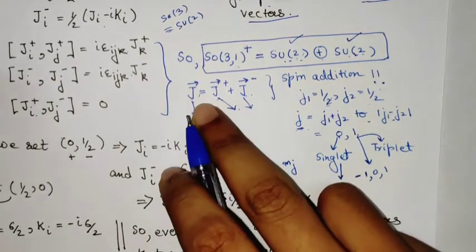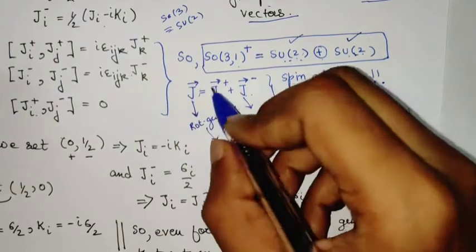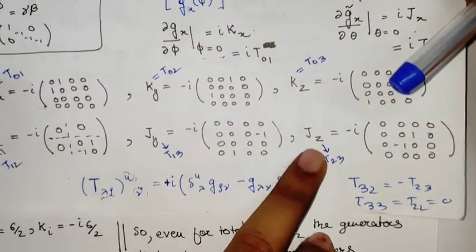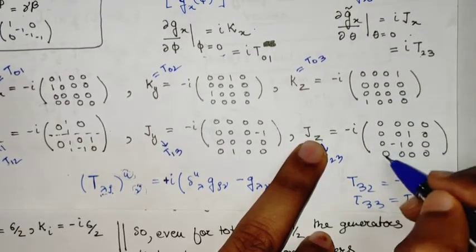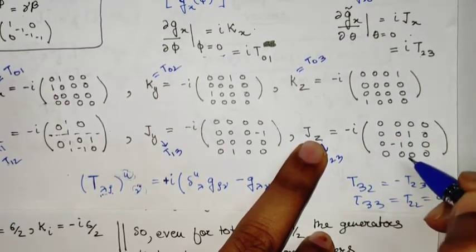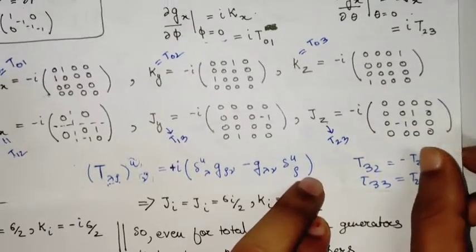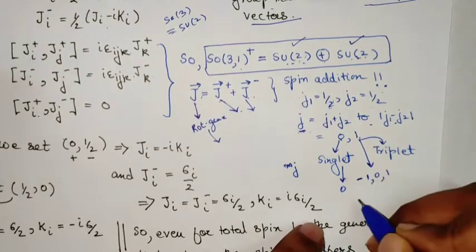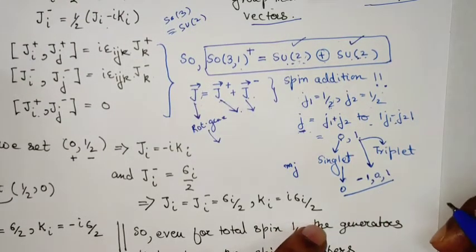And the point is precisely that if we look at the JZ operator we had here, this is a matrix. If we try to diagonalize this matrix, the diagonal values of the matrix are these MJs. So these values will actually give us 0, -1, 0, 1.